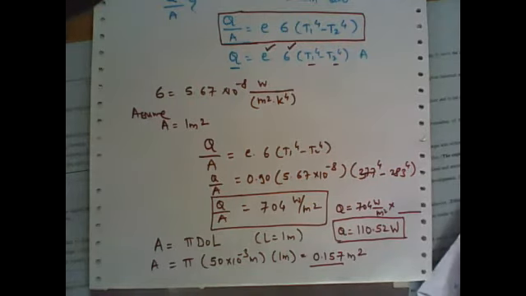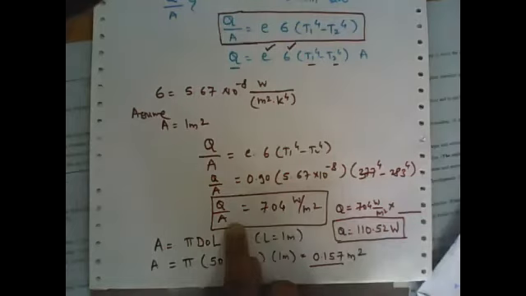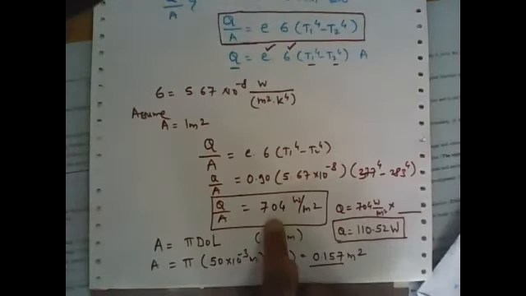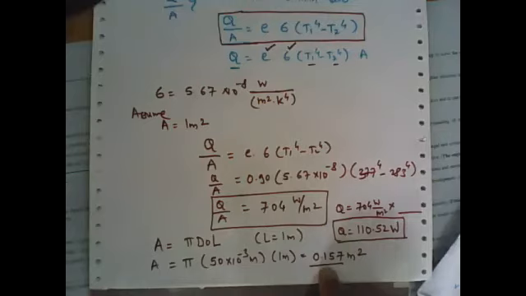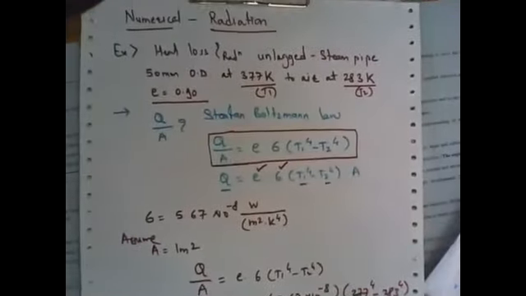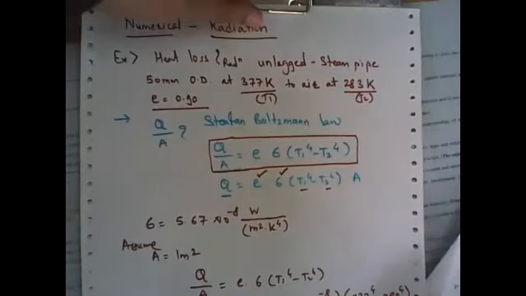If you assume length as 1 meter and calculate this area, it may come around 0.157 meter square, and on the basis of this you can multiply 704 into 0.157 area, so it comes around 110.52 watt. So we will discuss the second numerical.